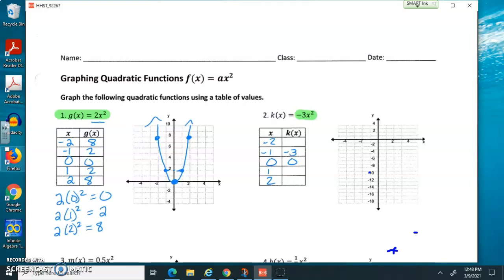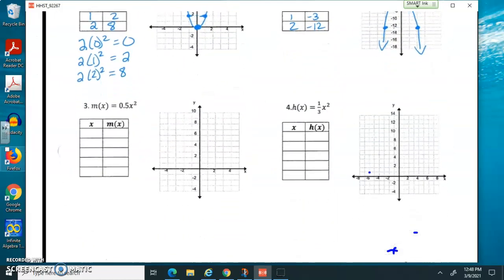So we go over here, we're going to start always with the vertex, then negative 1, negative 3, 1, negative 3, and then 2, negative 12. So 1, 2, 3, 4, 5, 6, 7, 8, 10, 11, 12. And then we'll do the reflected point, and this one is going down.